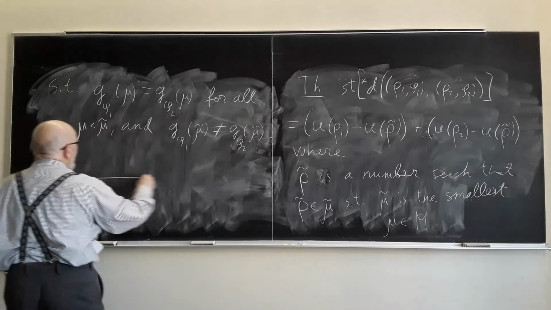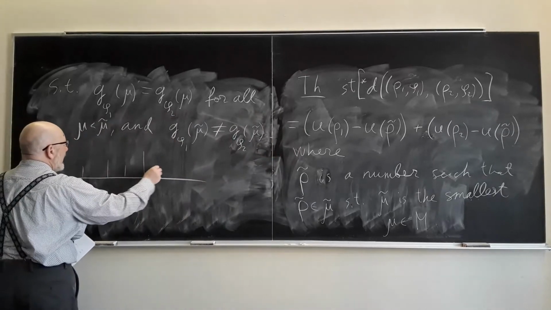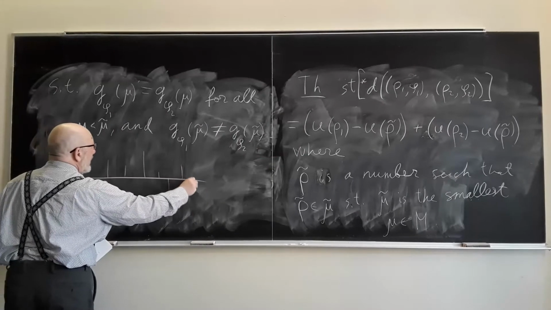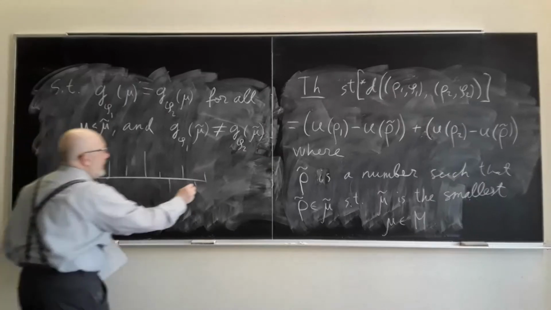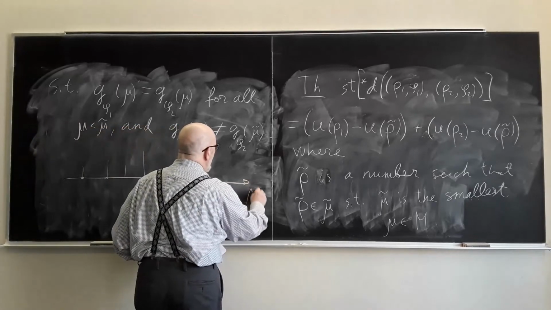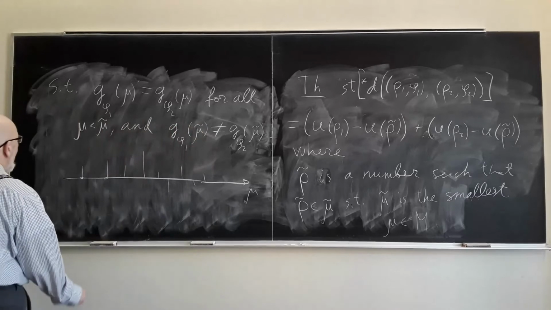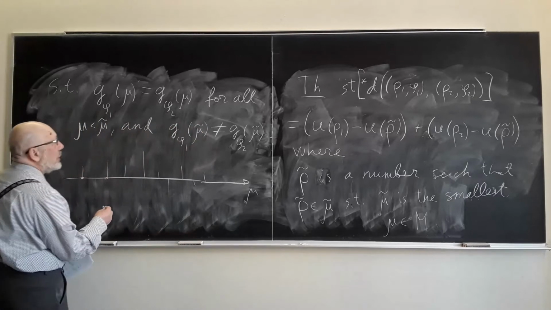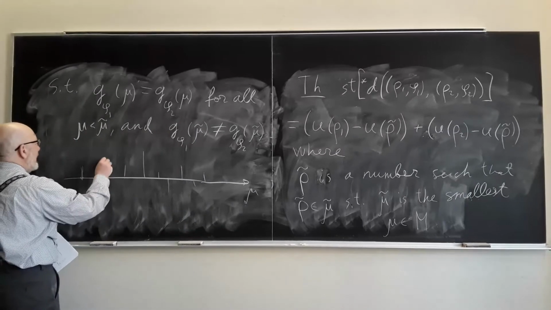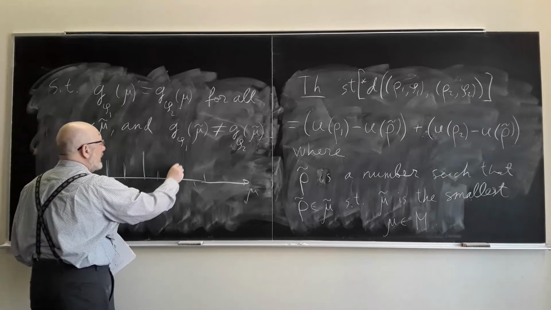So the function g phi1 is something like this. They can be positive and negative, and this is the mu axis. And similarly, we have a function g phi2, something like this.